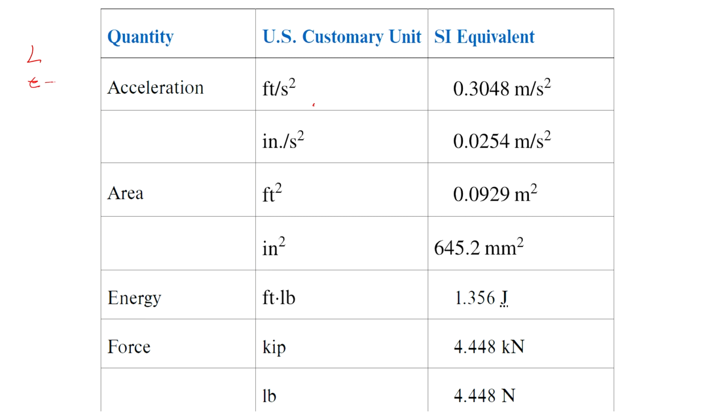Time, which is always in seconds, or of course could be milliseconds, but seconds is the root unit. The other one is mass, which is in either pounds or grams. It could be other stuff, but this is the basic stuff, the pounds and grams.